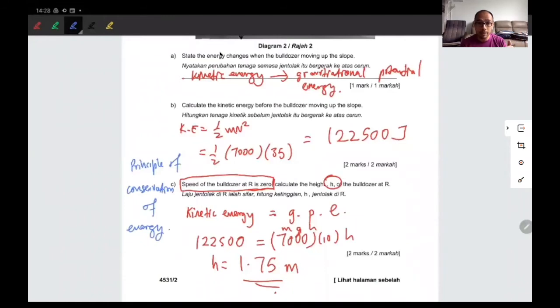Momentum is a question that came out 2 years ago, I think. But this one, kinetic energy equals gravitational potential energy, comes from the principle of conservation of energy. One form of energy fully converts into another form. So all the energy is conserved. This is also a revision session, not just answering questions.